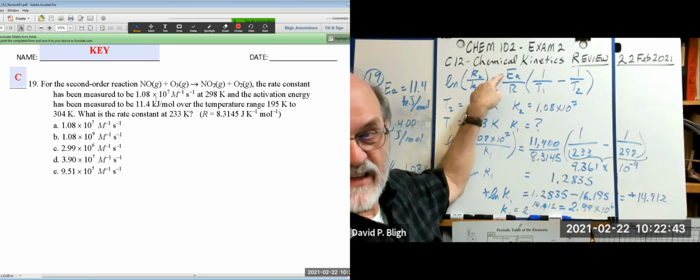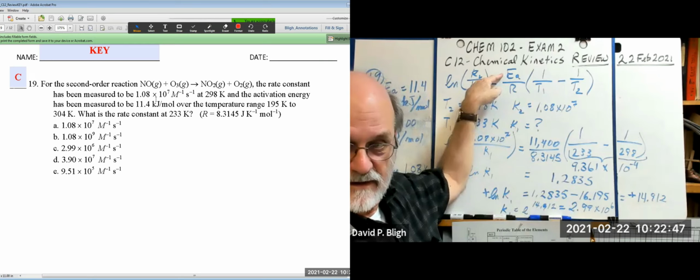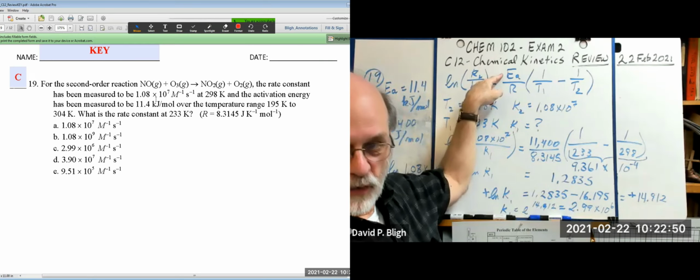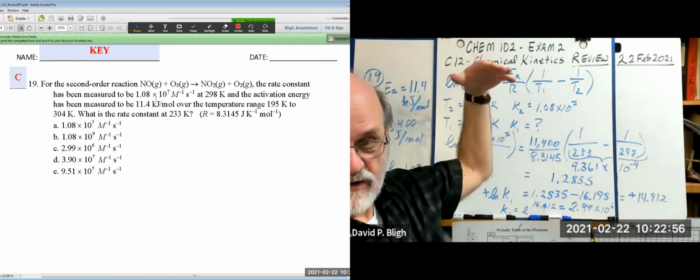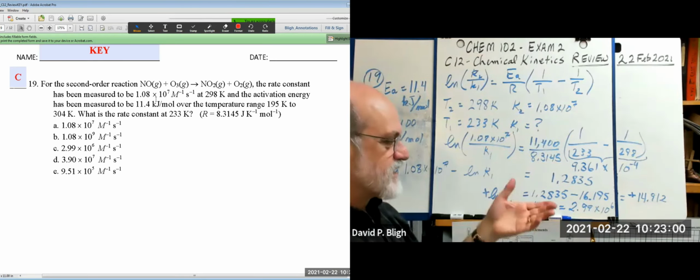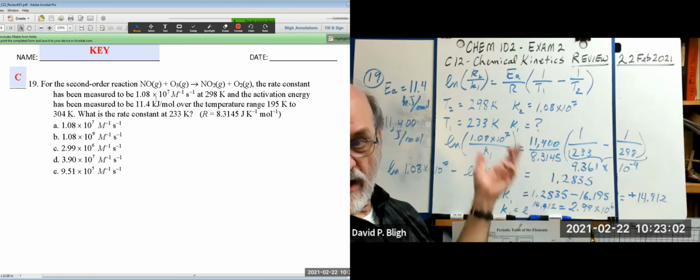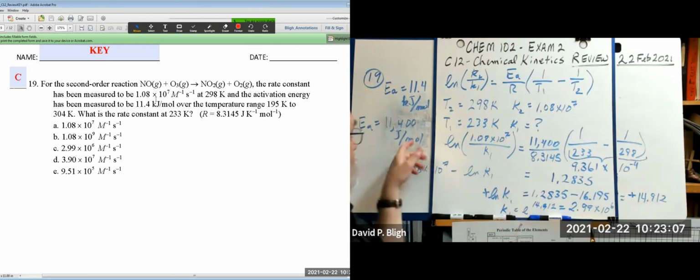Because that has to be a specific value that we calculated in class in order for that rule of thumb to work. A 10-degree change either up doubles the reaction or cut in half if you go down 10 degrees. So in this case, it doesn't work because the E sub A is not that value that we calculated in class. It's a different value altogether. Right.